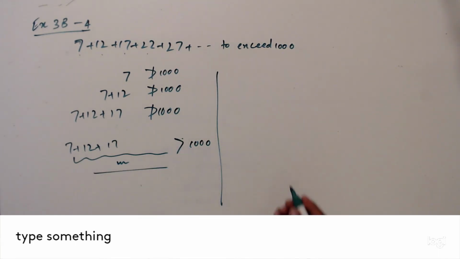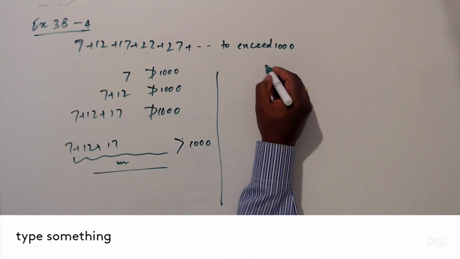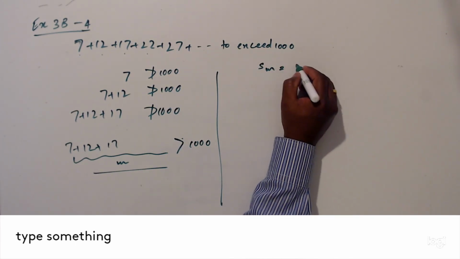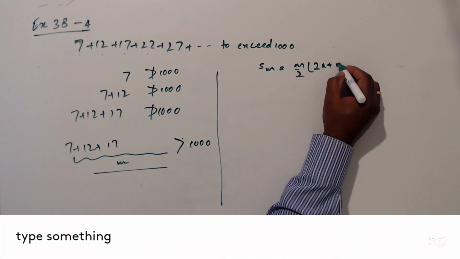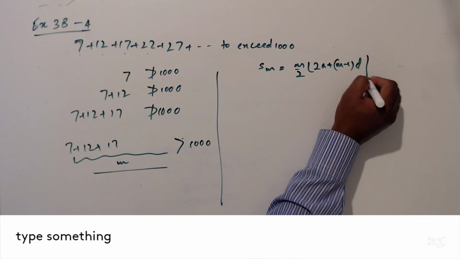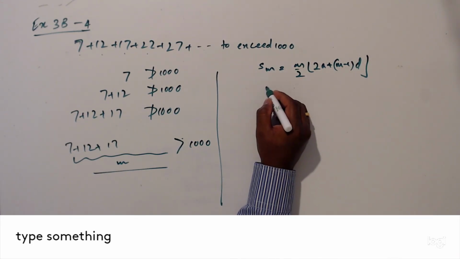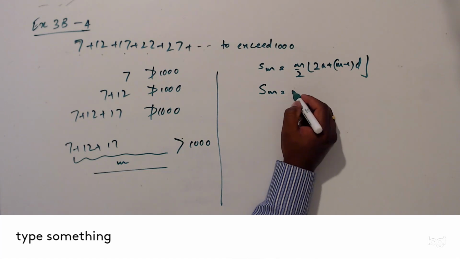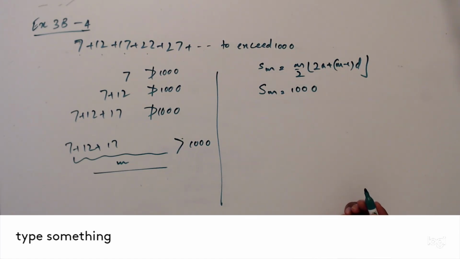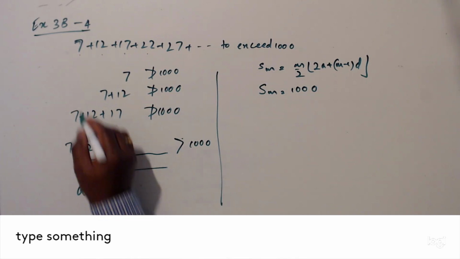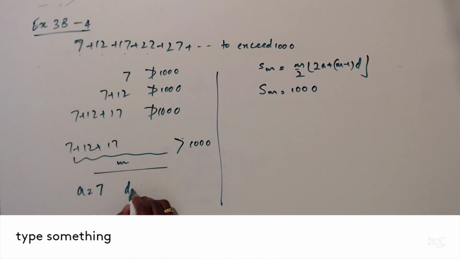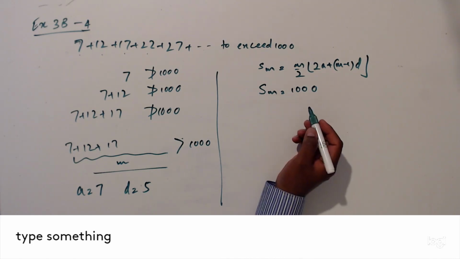So basically, we can take Sm equals m divided by 2 times (2a plus (m minus 1) times d). We set the Sm value equal to 1000. The first term a is 7. The common difference is 12 minus 7, which is 5. Now we substitute.